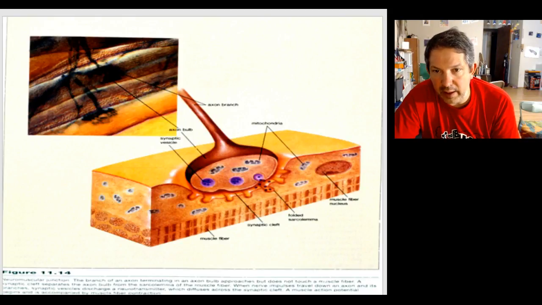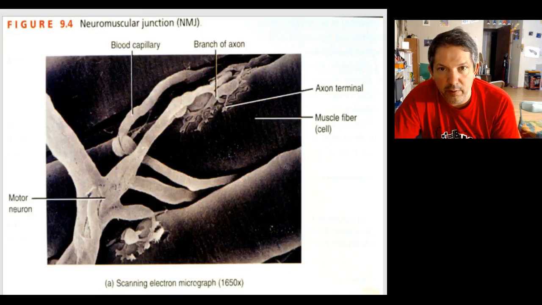And this is at a muscle cell. So here the sarcolemma, the plasma membrane, has receptors for acetylcholine, and that's going to set off the chain of events that leads to muscle contraction right there.